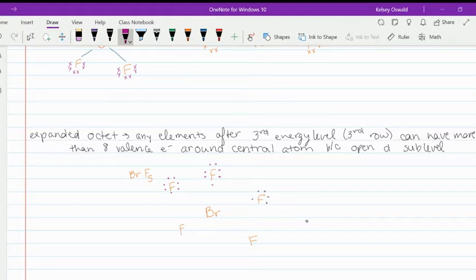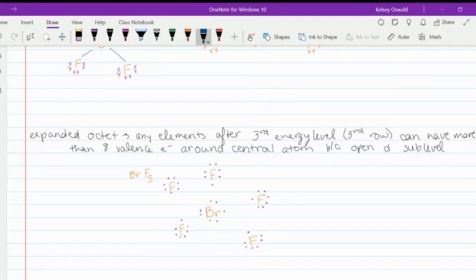And likewise, bromine is also a halogen. It's also only going to have 7 valence electrons. Okay, so we know each fluorine needs to gain 1 electron, and so does bromine.